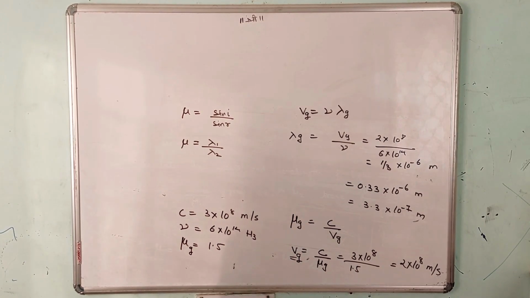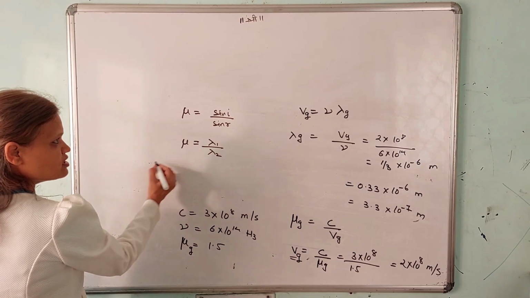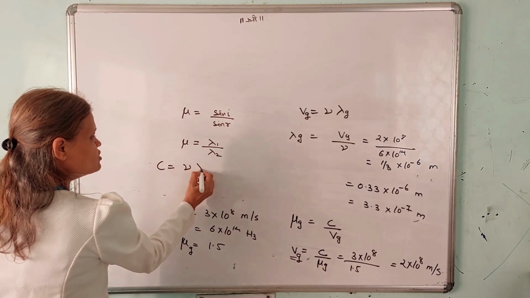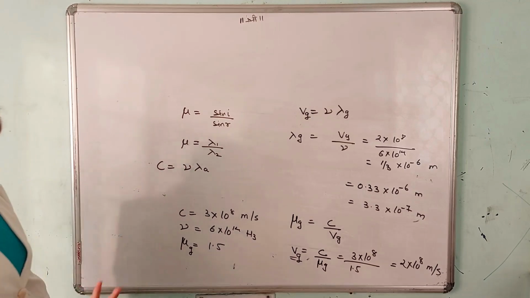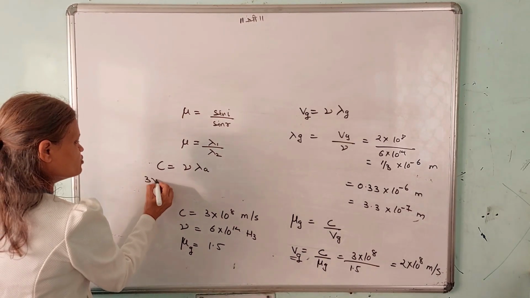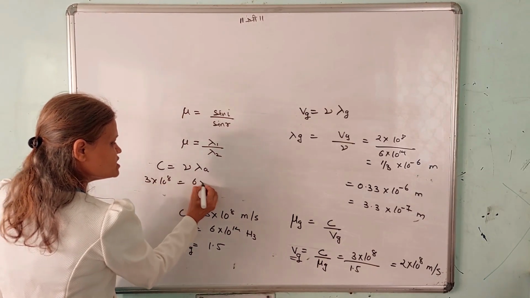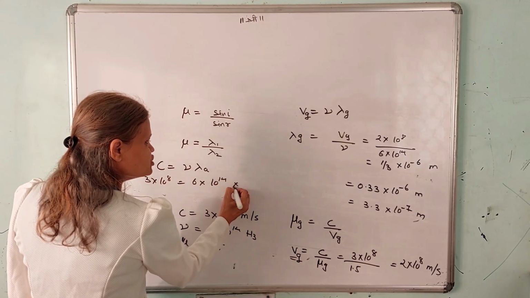Now we have to find the wavelength in air. For that we will use the same formula, C equals nu lambda in air. C, you know, is the velocity of light in air. So 3 into 10 raised to 8, nu is the same, frequency doesn't change.